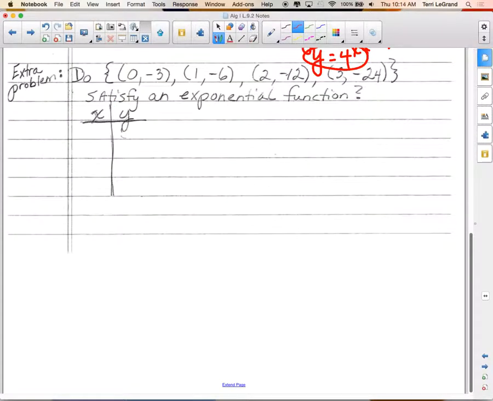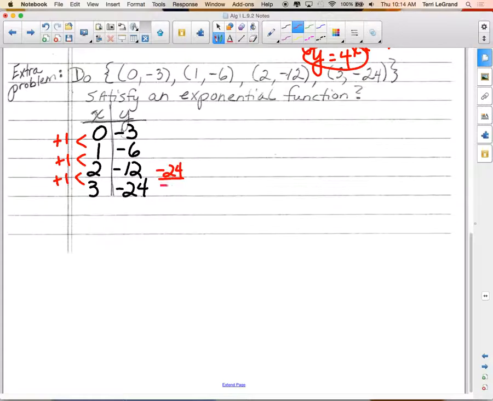Okay, I have a set of ordered pairs here for us to put in the table. It appears the x's are going up by 1s. By the way, they don't have to go by 1s. They can go by 2s, whatever, but they have a constant change. And then let's check out your ratios.